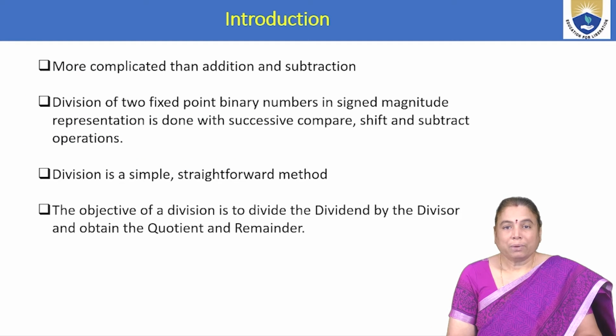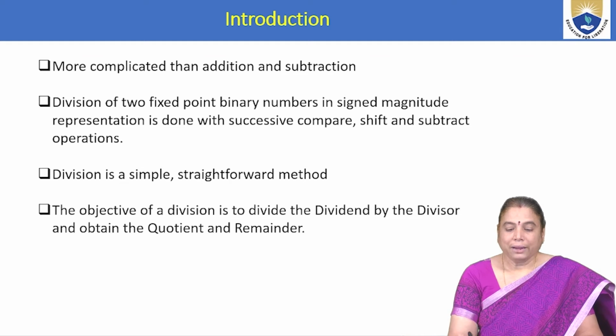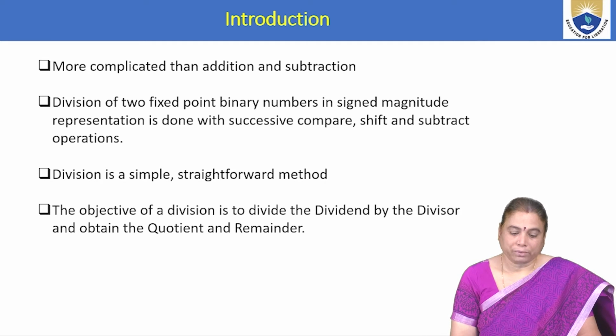Binary division is a little bit complicated when compared to the addition and subtraction algorithms. Division of two fixed point binary numbers in signed magnitude representation is carried out with successive comparison, shift, and subtract operations.